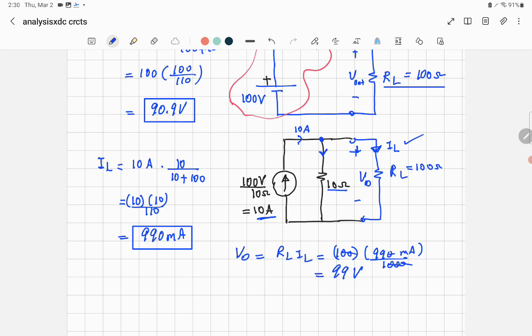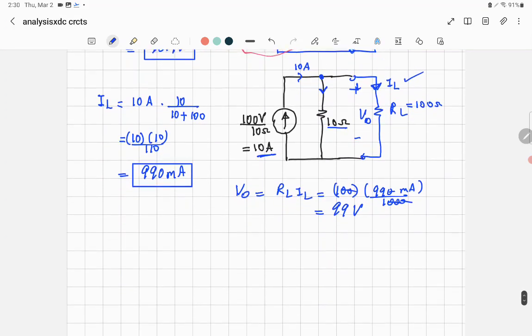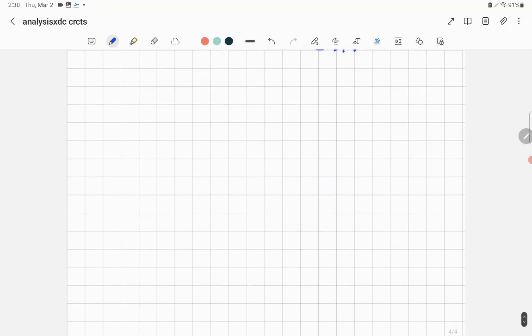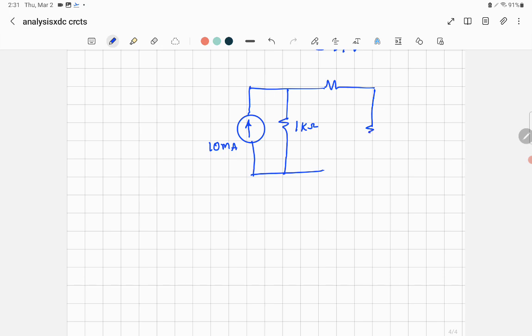Let's take one more example. Let's say you have a current source equal to 10 milliamp, and you have a resistance equal to 1 kilo ohm, and it's connected to other resistors in the circuit.